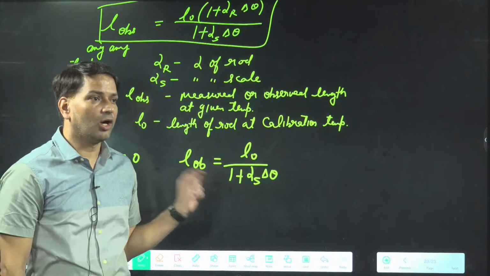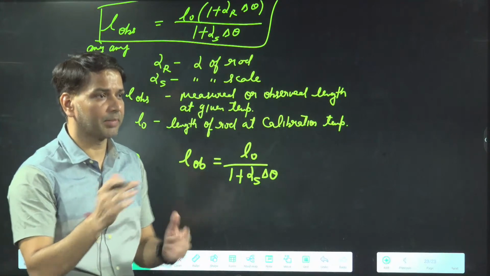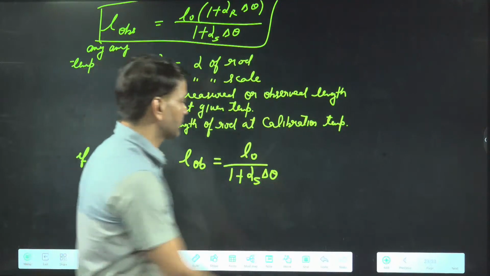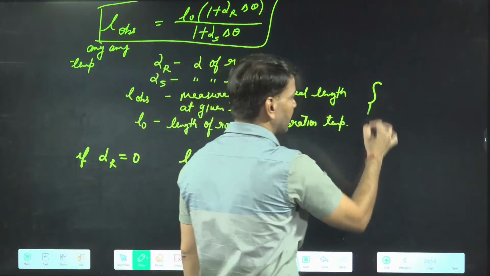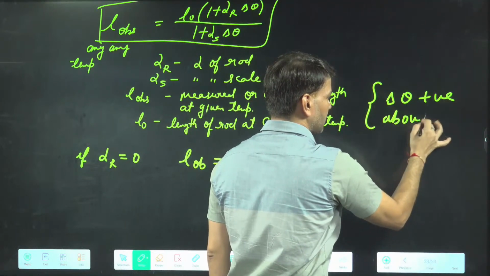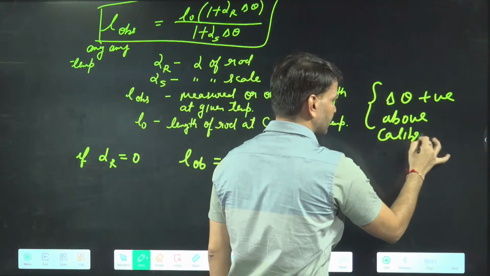Now suppose the length is observed above the calibration temperature. Above the calibration temperature means delta theta is positive.